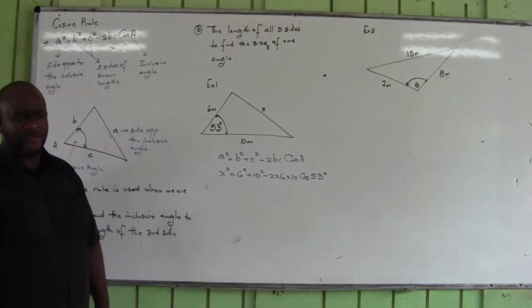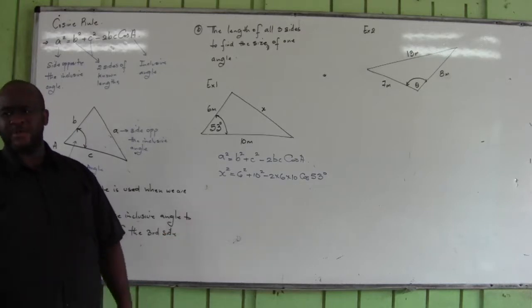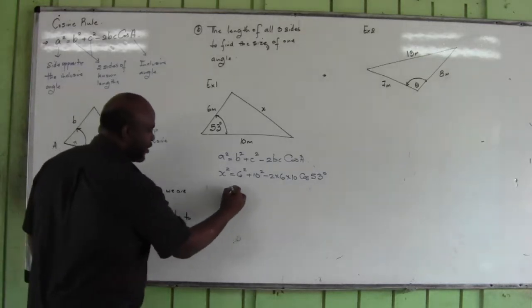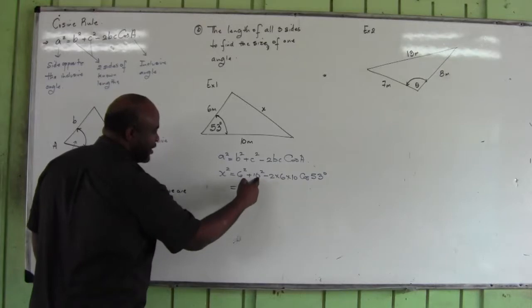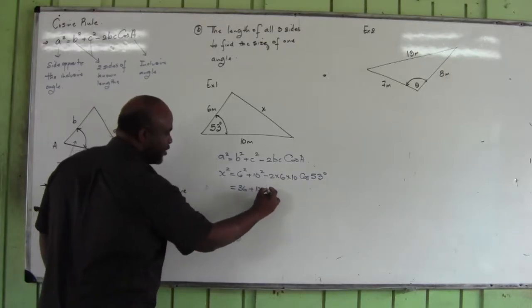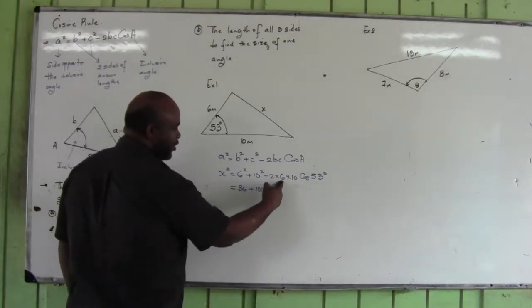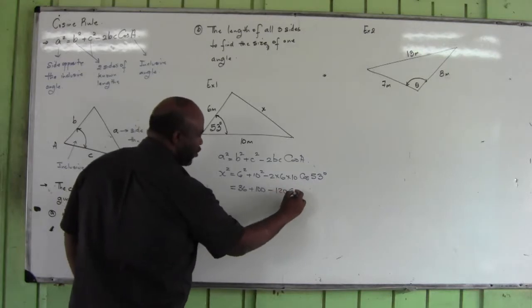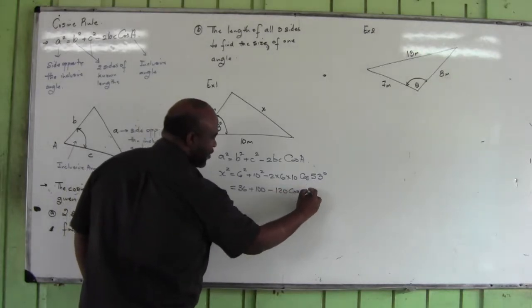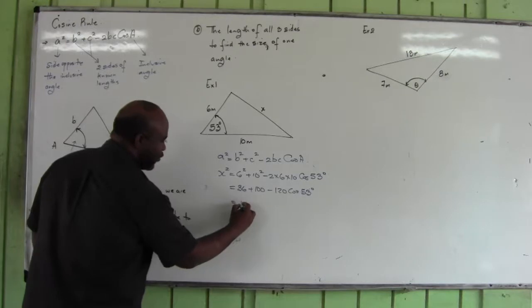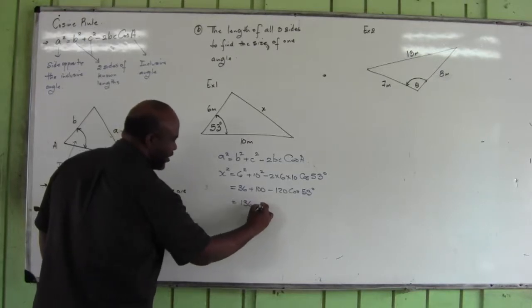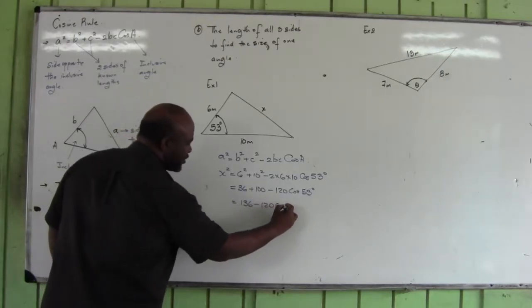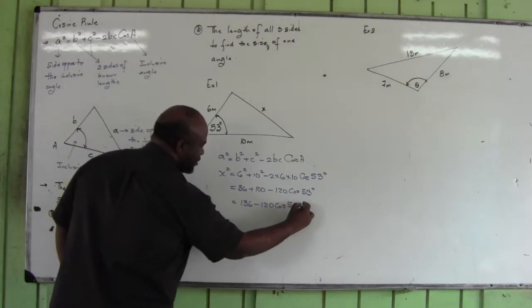The thing is really easy. It's just a formula. You just put in the values and work it out. 6 squared is 36. 10 squared is 100. Minus 12 times 10, 120 cosine 53 degrees. This is 136 minus 120 cosine 53 degrees.